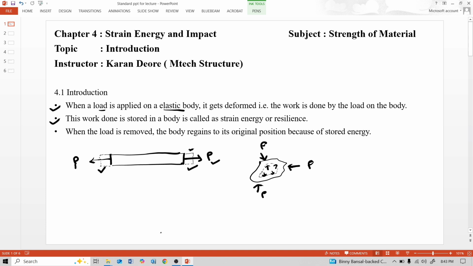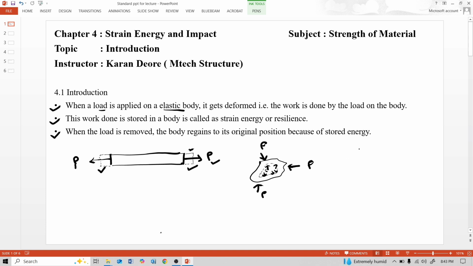When we remove this load, the body regains its original position because of this stored energy. It can be easily visualized in springs. When the spring is loaded, it gets compressed and regains its original position immediately when the load is removed.